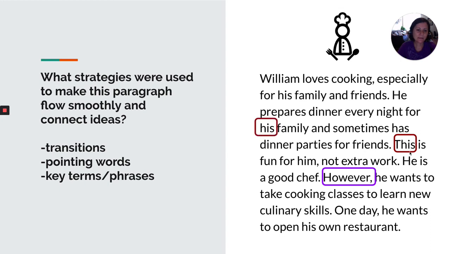And also we have, instead of William, you can refer to his family or fun for him. It's linking ideas. There are also key terms and phrases. Cooking, dinner, chef, cooking classes, culinary skills, restaurant.